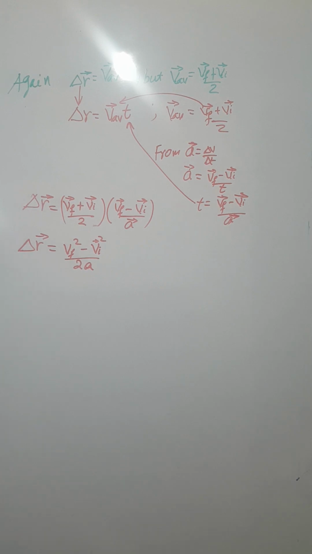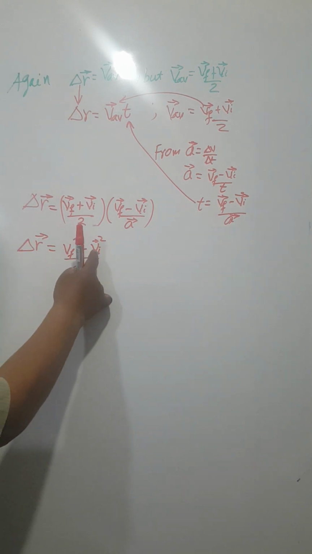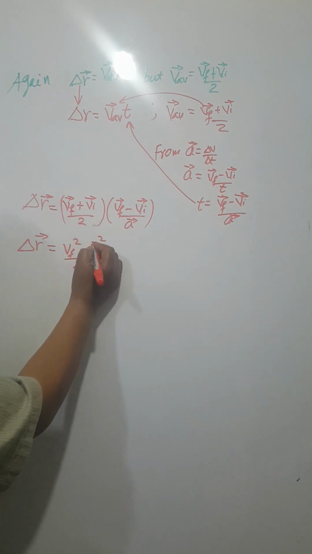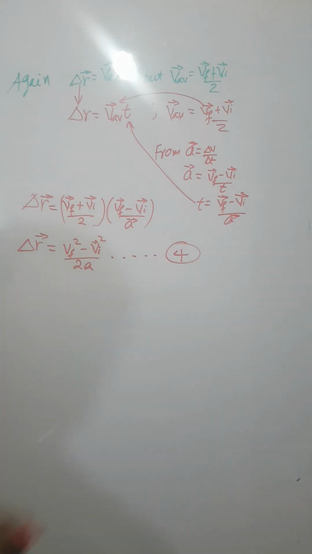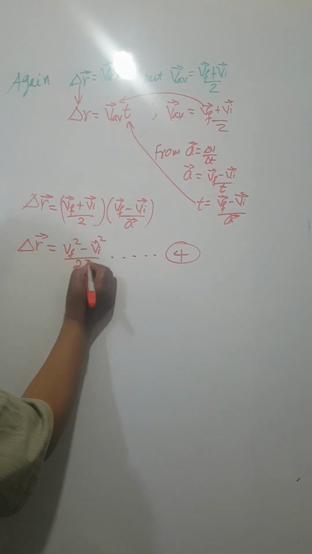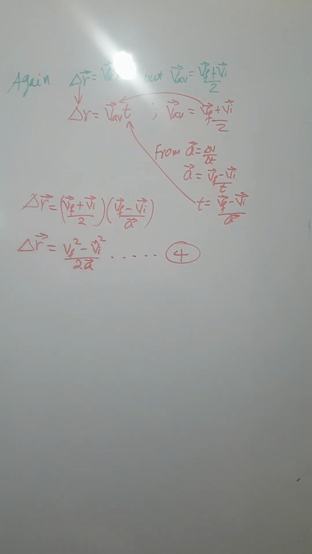VF squared minus VI squared divided by 2A is the fourth fundamental equation. From this we can have VI, VF, acceleration, or even the primary representation, change in R.